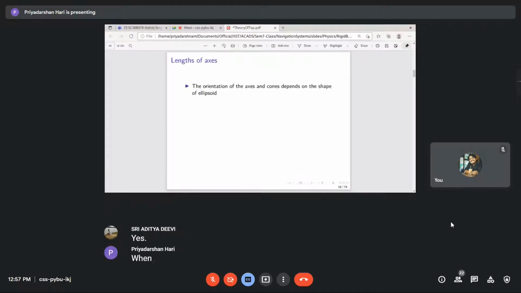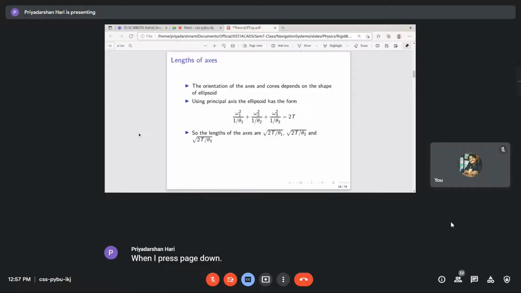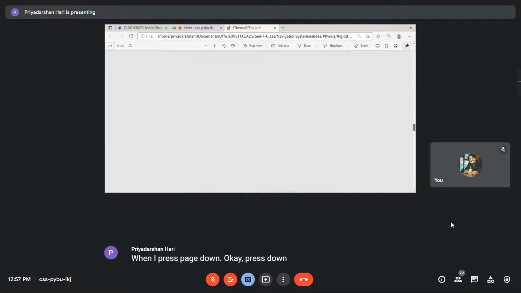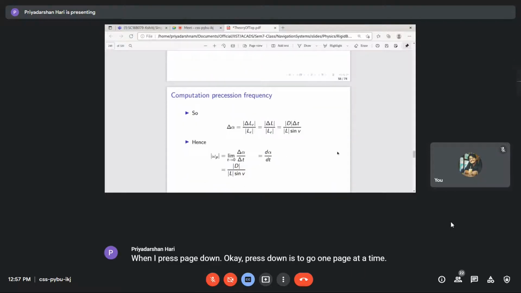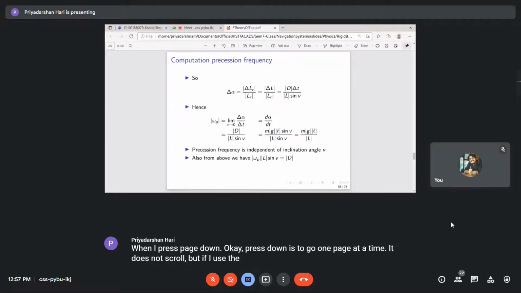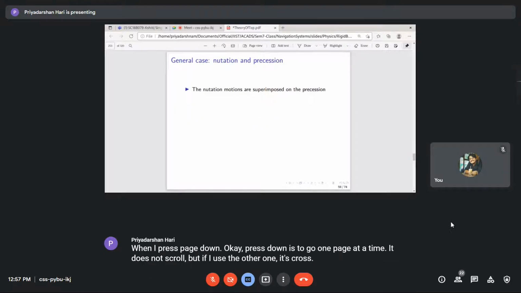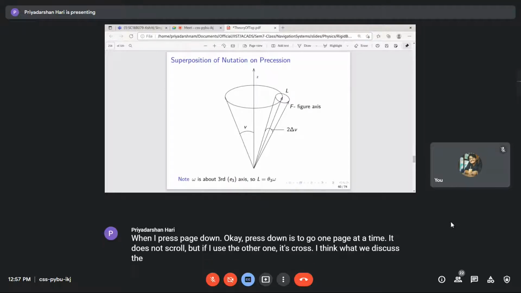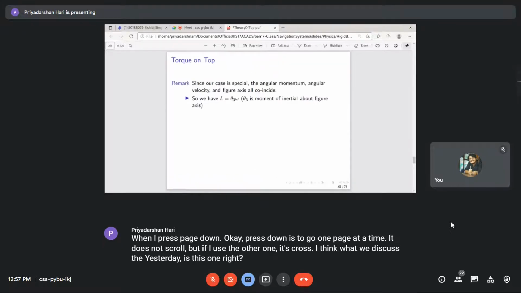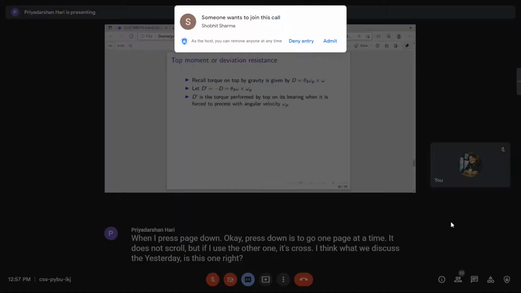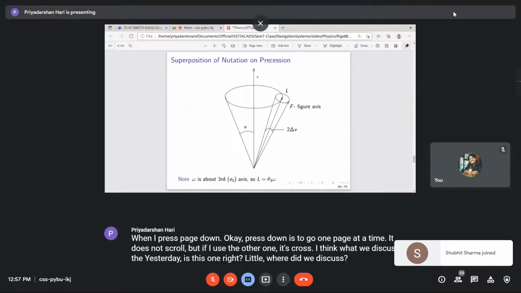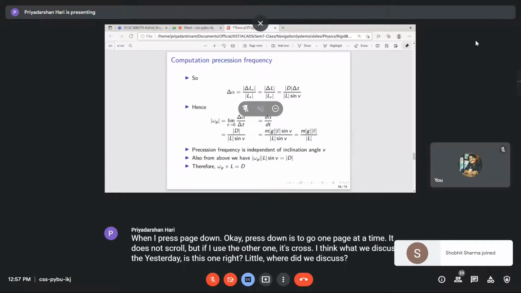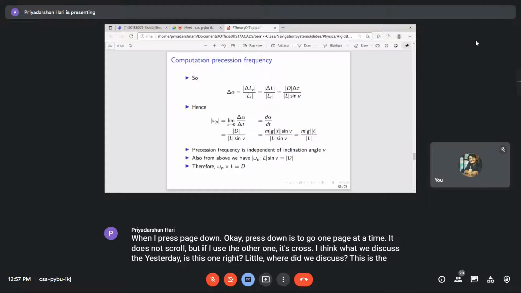So when I press page down, okay, page down is to go one page at a time. It does not scroll, but if I use the other one, it scrolls. I think what we discussed yesterday is this one, right? Until where did we discuss? This is the expression we ended with.